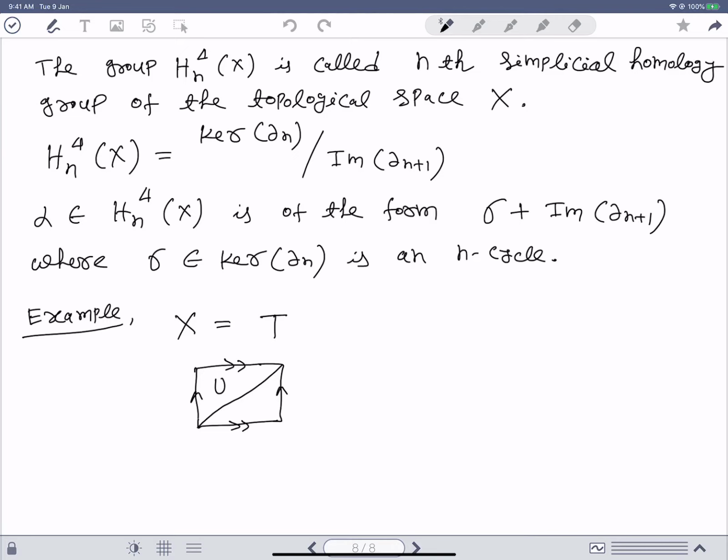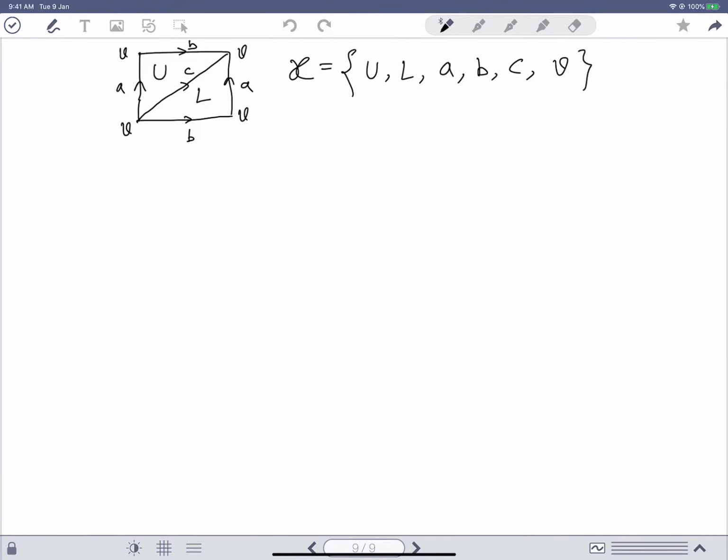This was my U, this was my L, this is A, this is B, and this is C, and all the vertices are V. So the delta complex structure was given by U, L, A, B, C, V. We know that these are the maps, so these are the images of maps.